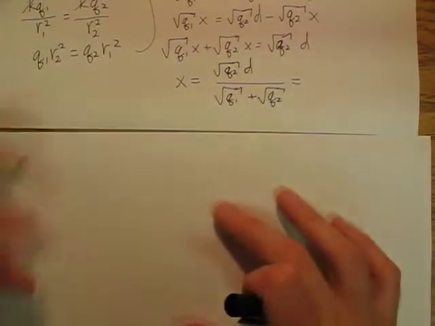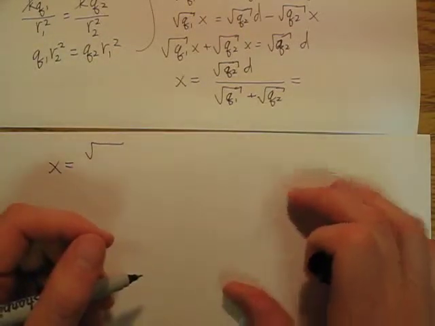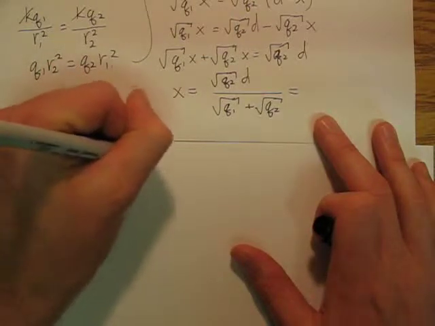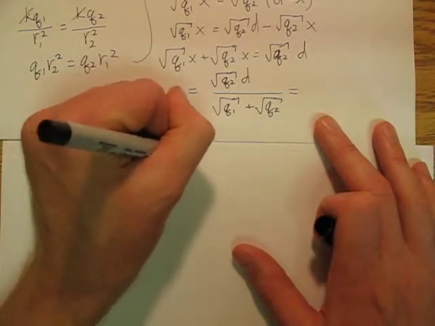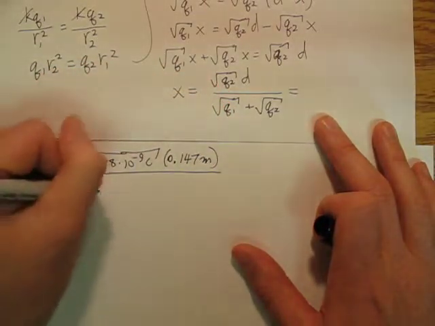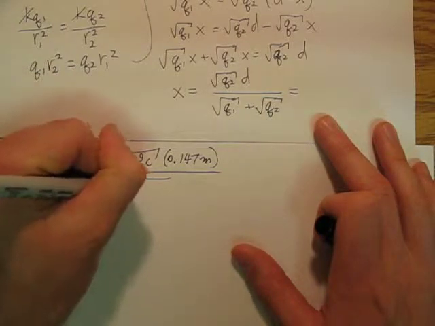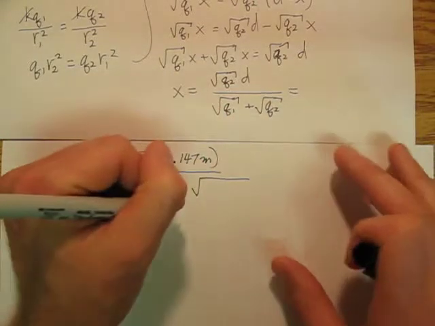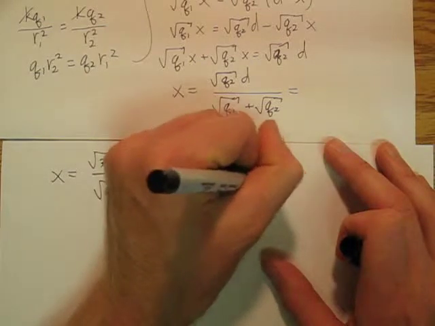I'm going to say x is equal to the square root of q2, which is 3.8 times 10 to the negative 9th coulombs, times D, which is 0.147 meters, divided by square root of 5.7 times 10 to the negative 9th coulombs plus the square root of 3.8 times 10 to the negative 9th coulombs.